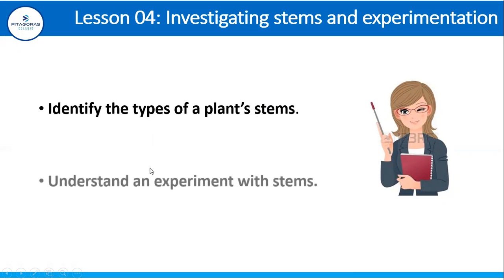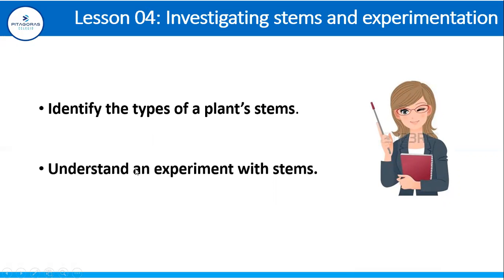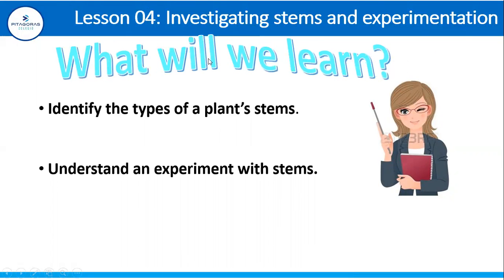The next objective is to understand an experimentation with stems. So we are going to see some process in which we use stems to make an experimentation, para hacer una experimentación. So this is what we learn today.